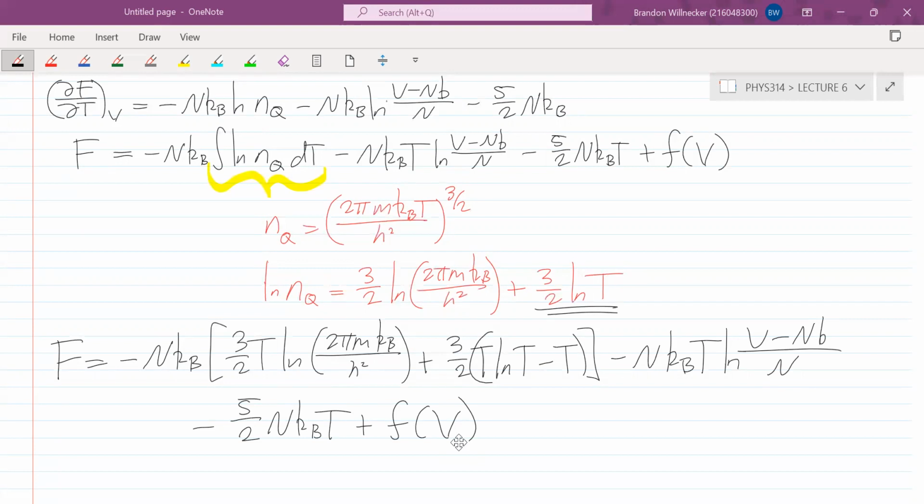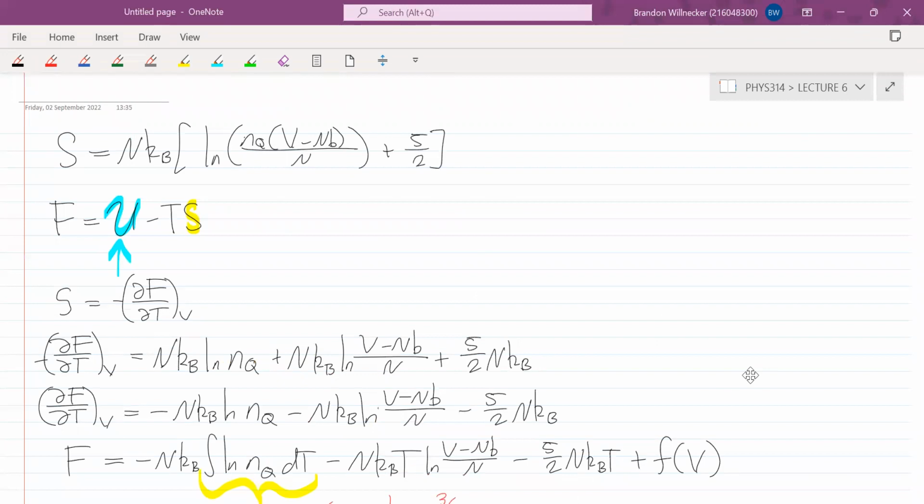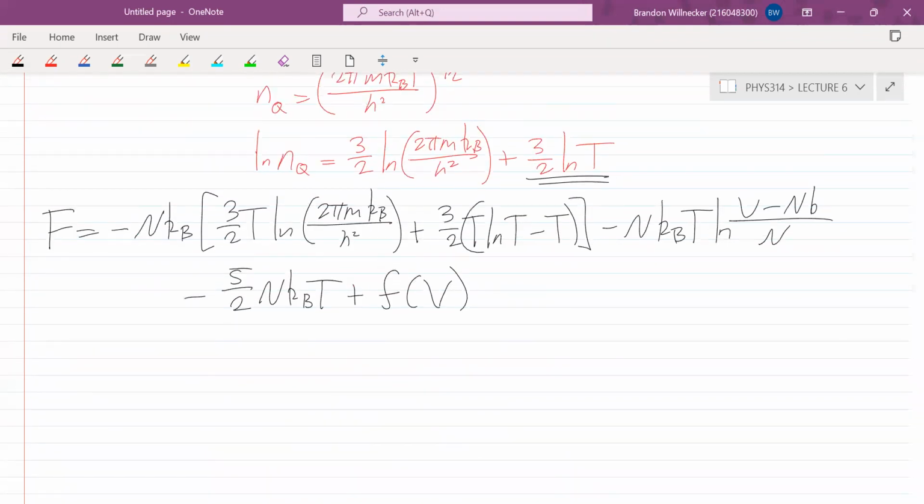Okay, now that we've got that, we can use our relation F is equal to U minus TS to solve for U. So U is going to be F plus TS. So this is going to be the free energy. We just worked that out here.